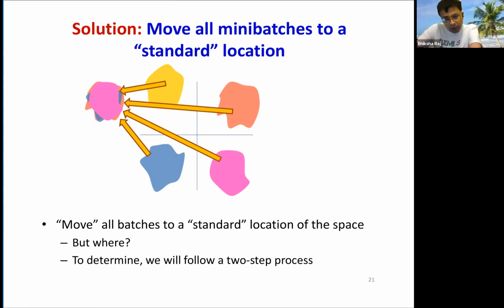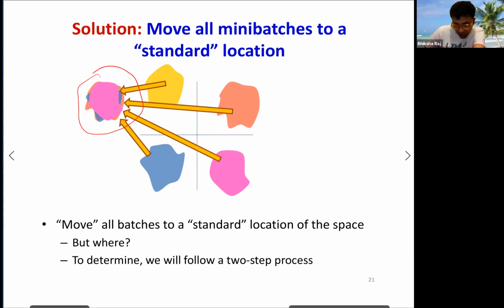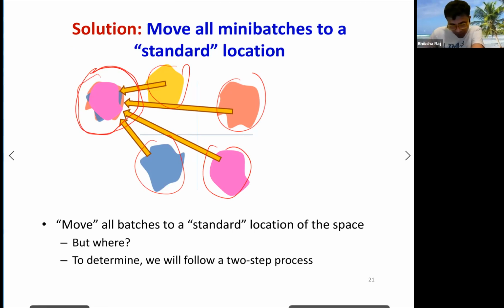Every time you get a mini batch, you'd like to shift the entire mini batch to a standard location so that at the end of the day, every single mini batch is in the standard location as you want it to be. So regardless of which mini batch you're working with, because you have shifted it, eventually all of the mini batches will be in the same location. And now you can expect your training to be better behaved.